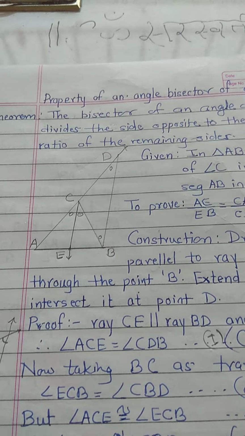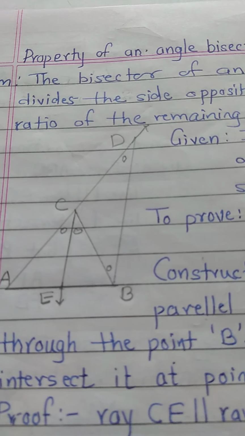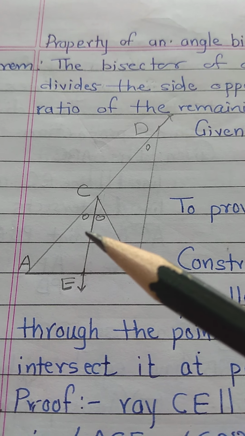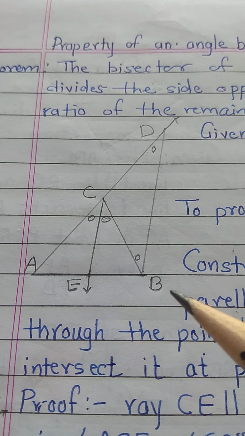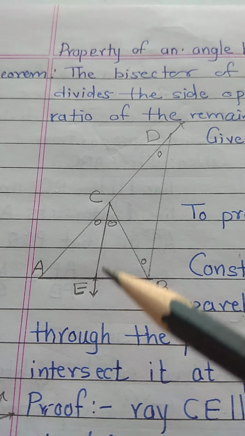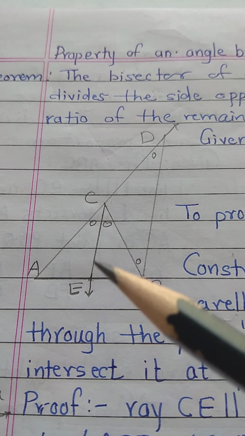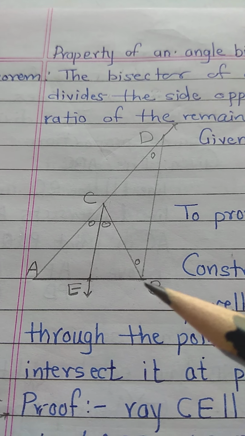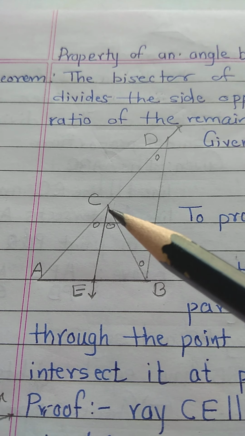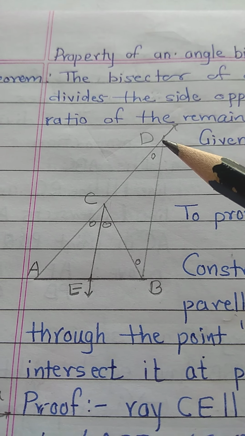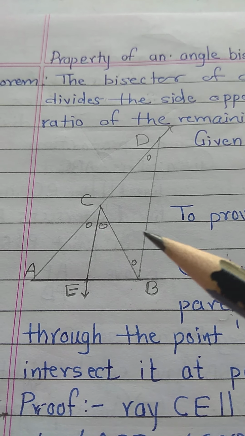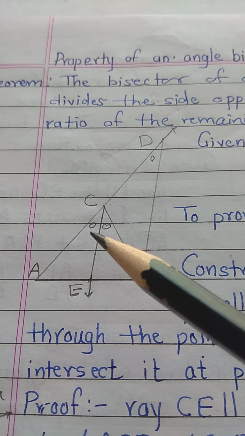Once again, in short, we can prove this theorem like this. We want to prove that AE upon EB equal to AC upon CB, where CE is the angle bisector. We will draw a line parallel to ray CE through point B, which will intersect AC in point D. Now, as the lines are parallel, these corresponding angles are congruent.